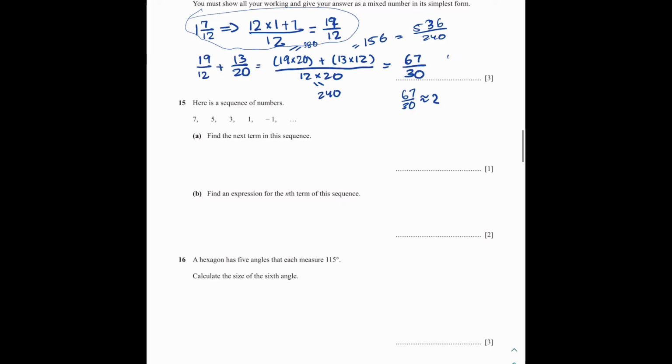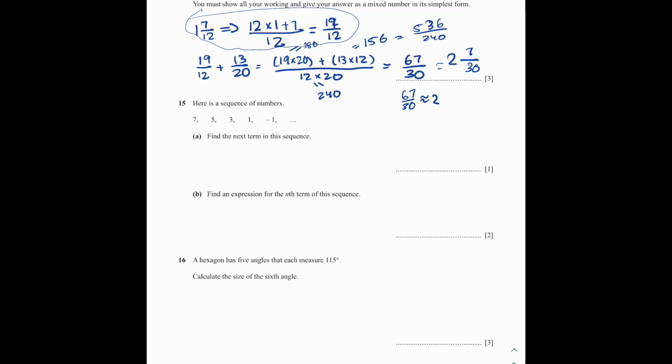So 2 and 7 over 30. That's how it goes, if a question asks you to do that.